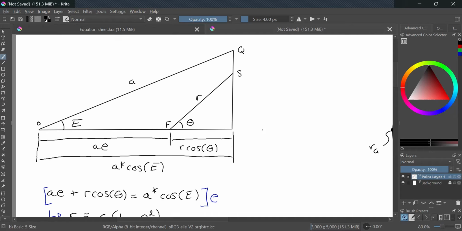So if we have A times the sine of the eccentric anomaly angle, that has to be proportional to r times the sine of theta.